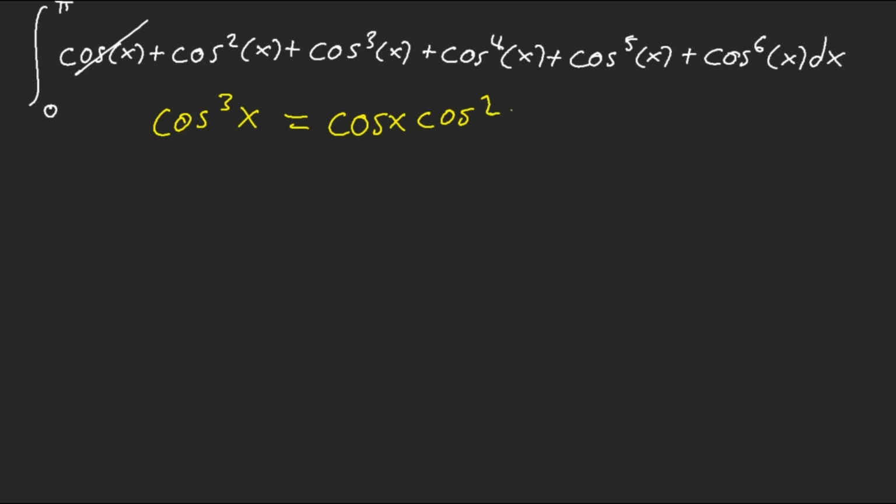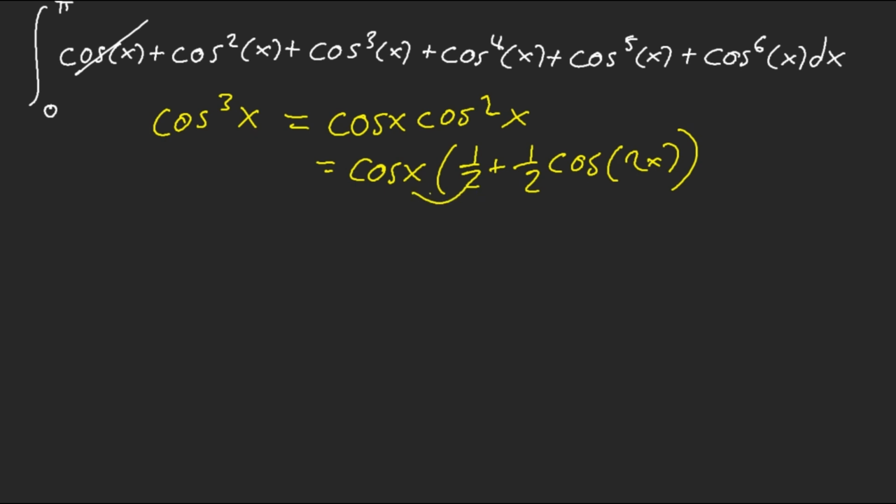Cosine squared, and we have cosine of 1/2 plus cosine 2x, right? This and this, that's going to be 0. This times this is going to be 0 because the coefficients are different. And so now, okay, so then cosine cubed is going to be equal to 0.